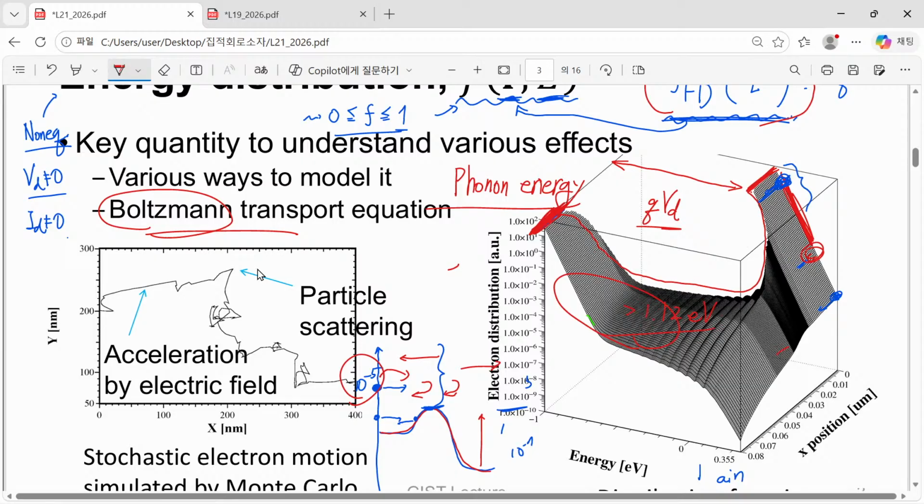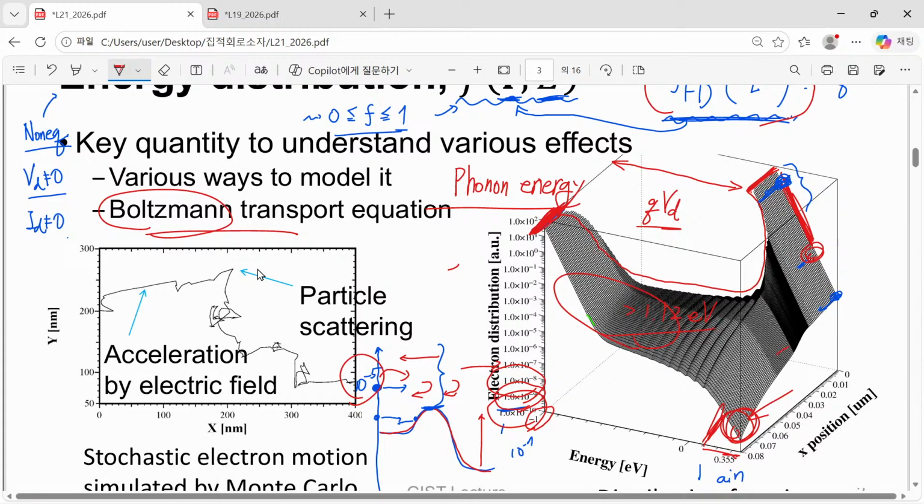So then where can we find some electrons which can initiate the impact ionization? What we can say is, if that is the ground minimum energy, then the energy beyond this part, they can initiate the impact ionization, and their distribution function is corresponding to just 10 to the minus 9, 10 to the minus 8, 10 to the minus 10.